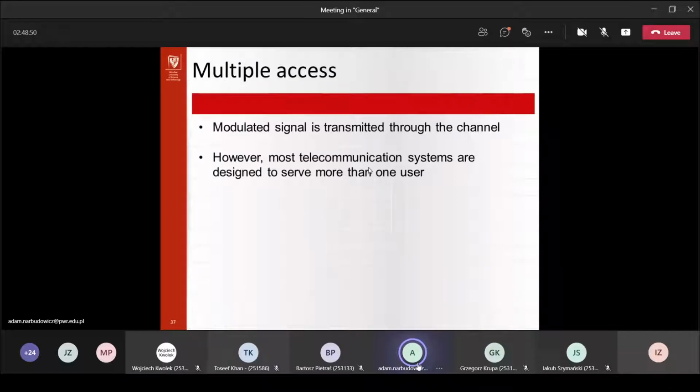Okay, and hopefully you can intuitively understand that when you use two different signals at the same frequency and at the same time, they will overlap with each other. So that's not going to work, right? So you basically need different ways of separating your traffic or separating your communication.